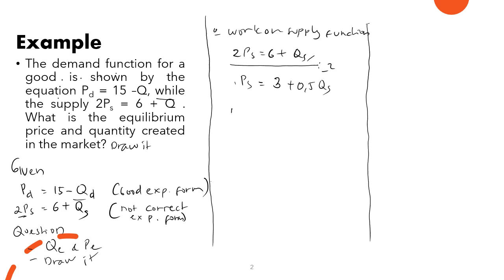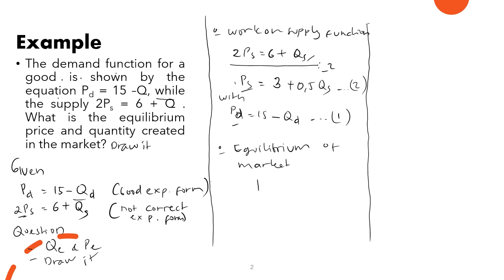So here we have the first one, PD is 15 minus QD, my first equation. My PS over here is the second: PS equals 3 plus half QS. Now it is already 1 and this is also already 1. So what is the market equilibrium?